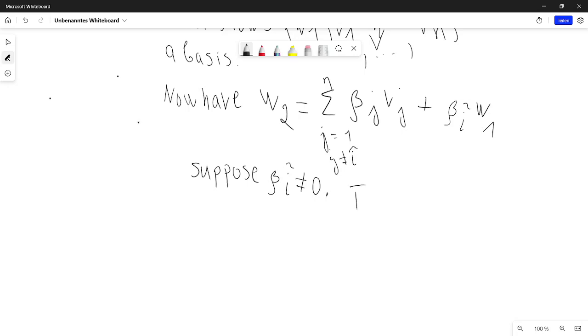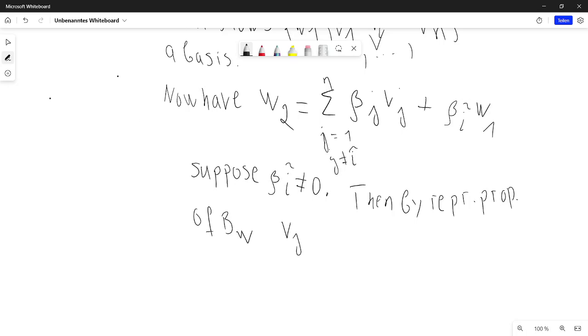Then my representation property of b double, right? Any vector can be represented with respect to b double because it's a basis, right?